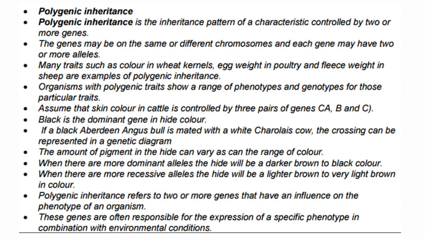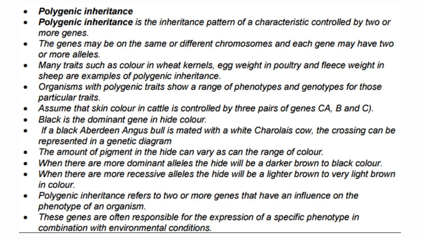Many traits such as color in wheat kernels, egg weight in poultry and fleece weight in sheep are examples of polygenic inheritance. Organisms with polygenic traits show a range of phenotypes and genotypes for those particular traits.